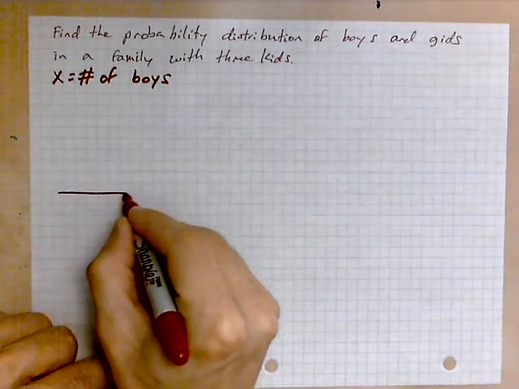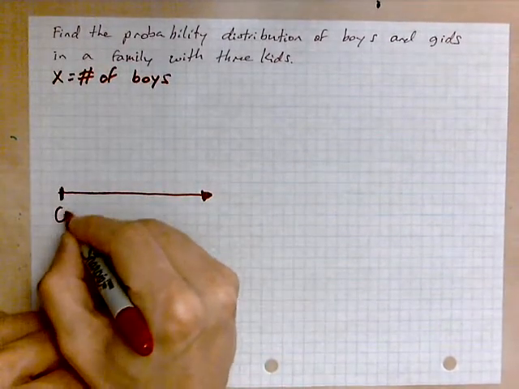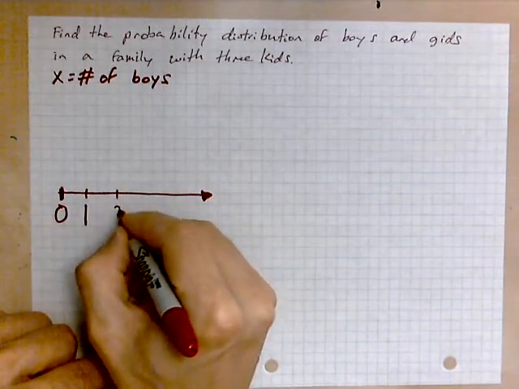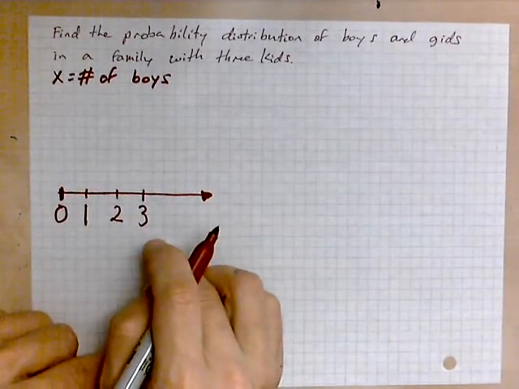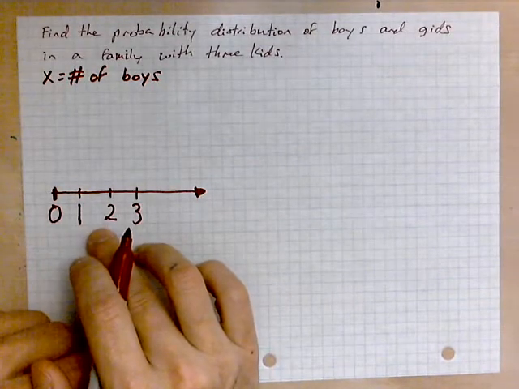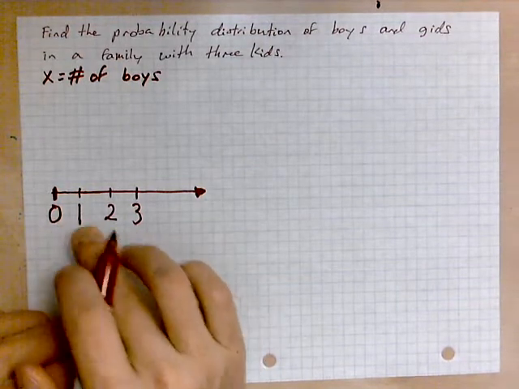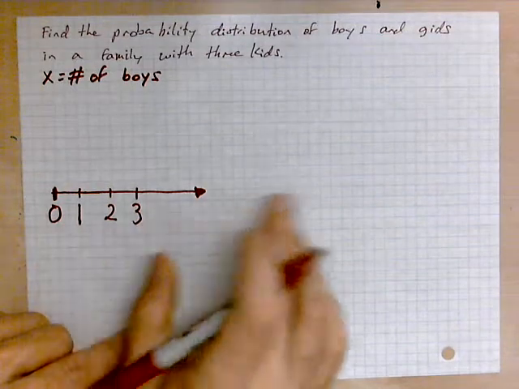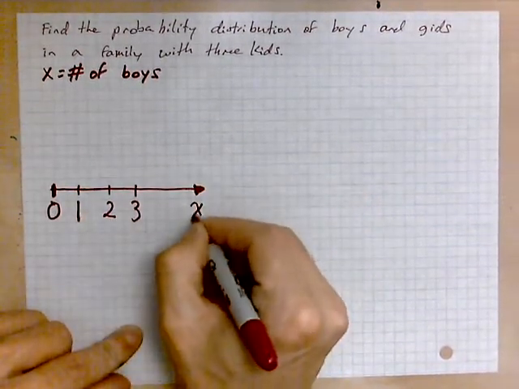Let's draw a little horizontal axis. 0 is a possibility. 1 boy, 2 boys, or 3 boys. These are the possible values of the random variable representing the number of boys a family with 3 kids might have. 0 boys, meaning all 3 girls. 1 boy, 2 girls; 2 boys, 1 girl; and then 3 boys, no girls.